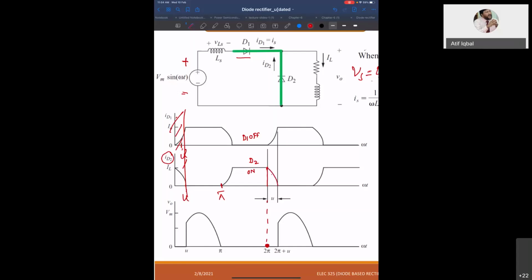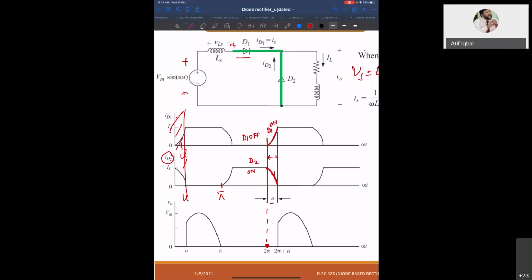While the current slowly falls, D2 is still conducting, while D1 is also on in this period, because you supply plus here, but the current rises slowly in D1. So the current falls slowly in D2, and the current rises slowly in D1. This overlap period where both D1 and D2 are on is called the commutation overlap period, and we mark it by u.